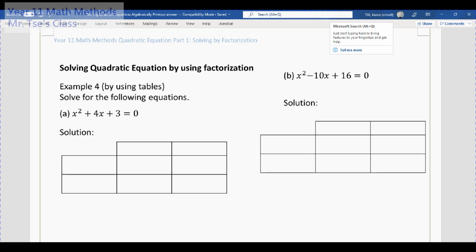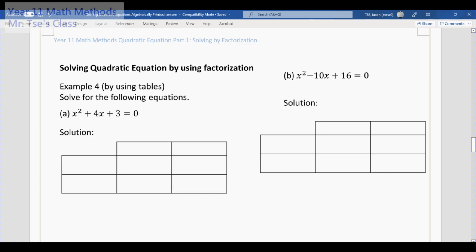quadratic equations by factorization. In year 10, for students in my class, I use tables. Not quite sure about the other class taught by Mr. Daniel. You might use other methods.